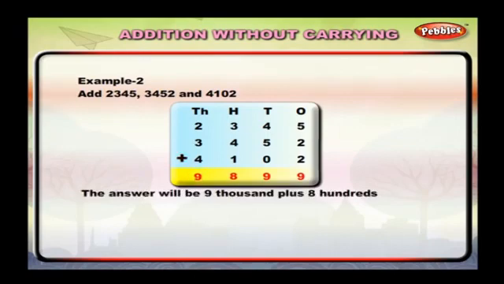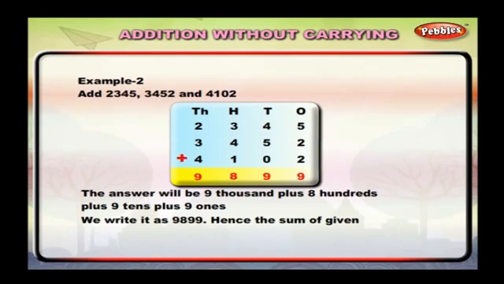The answer will be 9,000 plus 8 hundreds plus 9 tens plus 9 ones. We write it as 9,899. Hence the sum of given numbers is 9,899.